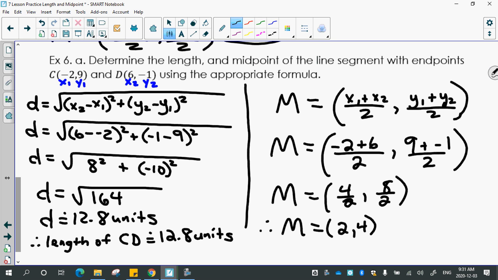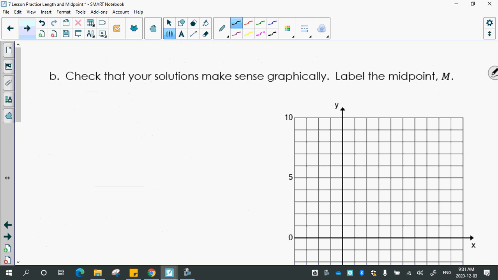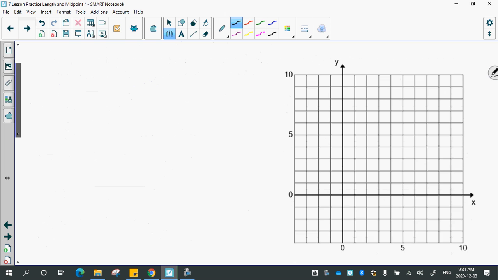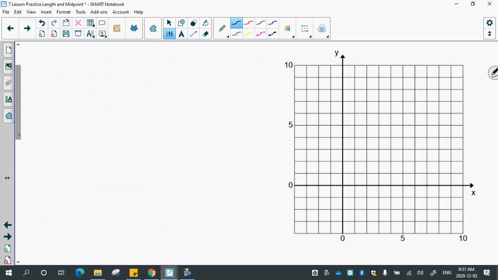Okay? Right, the last part just wants us to show that it works out if we look at it from a graphing standpoint. So I want to plot those 2 points from the last question. C was -2, 9. So there was C. And D was 6, -1, which is down here.